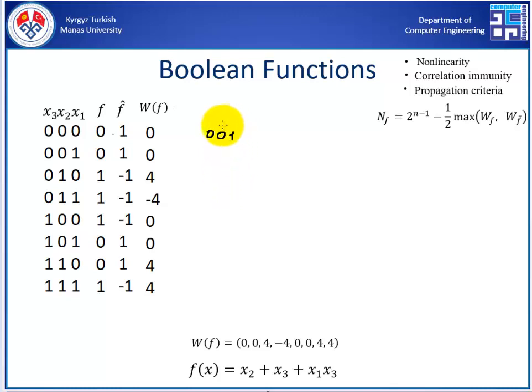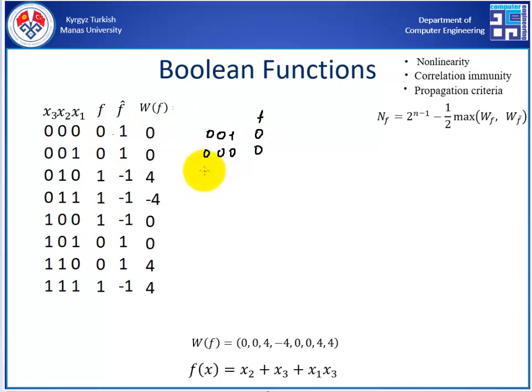For 0, 0, 1, we know that the value of the function is equal to 0. This is our f. Next, we complement the last bit in this string, then we have 0, 0, 0, and we know that with this input our function f is equal to 0 again.